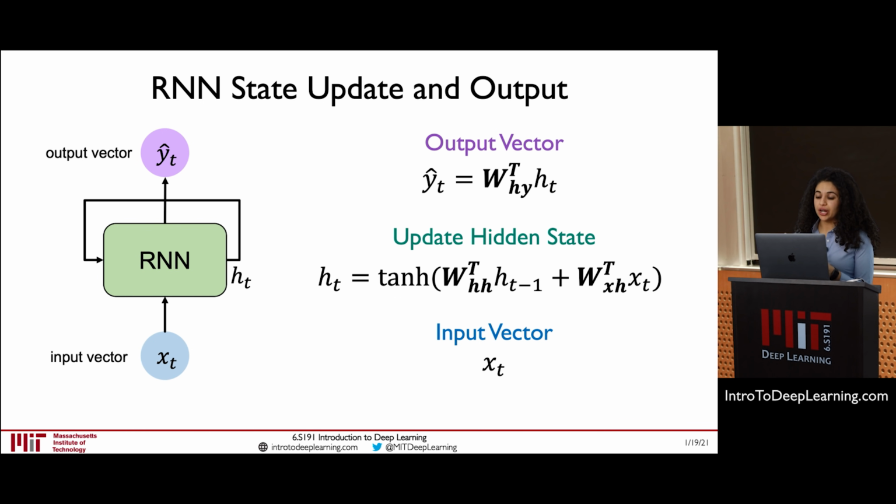And then, to generate our output at a given time step, we take that internal hidden state, multiply it by a separate weight matrix, which inherently produces a modified version of this internal state. And this actually forms our output prediction. So this gives you the mathematics behind how the RNN can actually update its hidden state and also produce a predictive output.